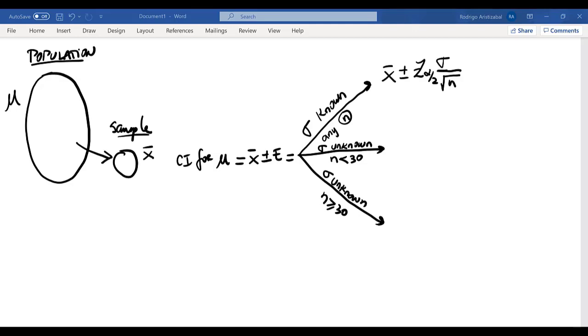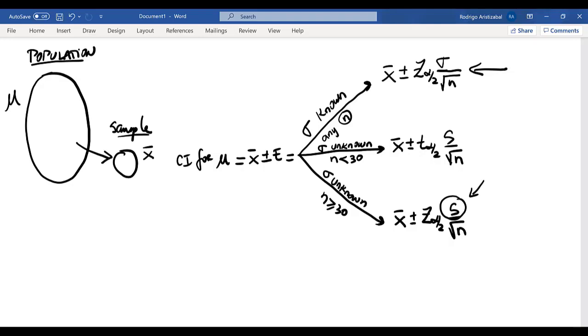In the first case, we use a normal distribution and we use the z-score for any sample size. In the second case, we use a t-distribution when sigma is unknown and the sample size is smaller than 30. In the third case, we use again the normal distribution like the first case, but we substitute the standard deviation of the population for the standard deviation of my sample.